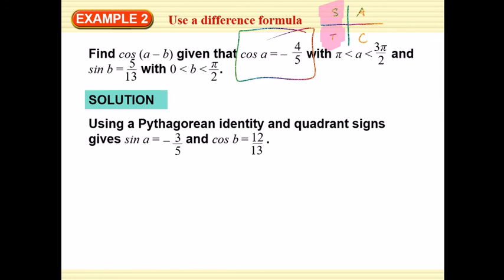So for negative 4/5, I know that if the cosine of A is to come out negative, it needs to be in quadrant 2 or quadrant 3.